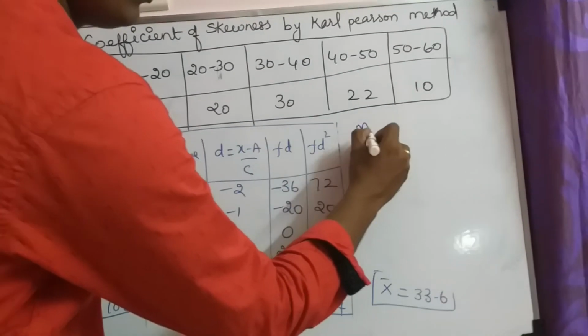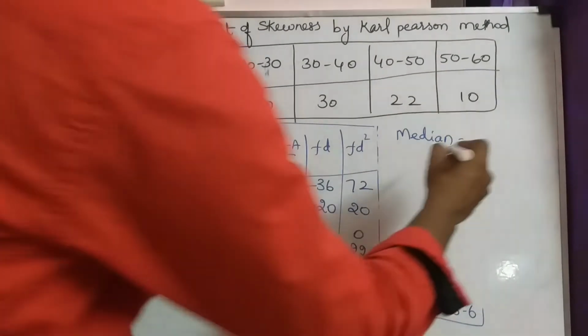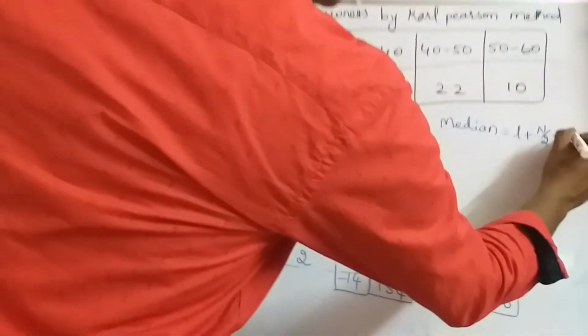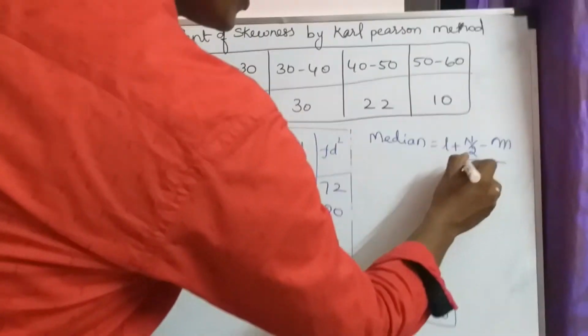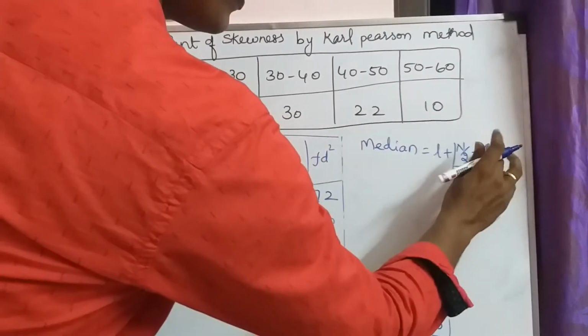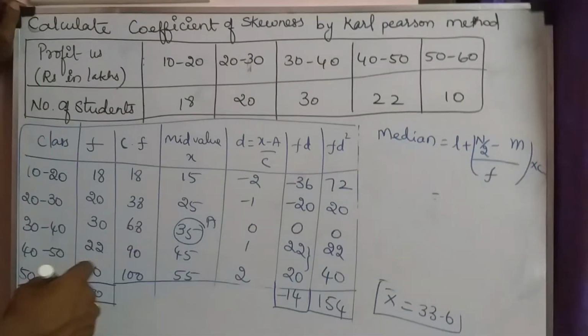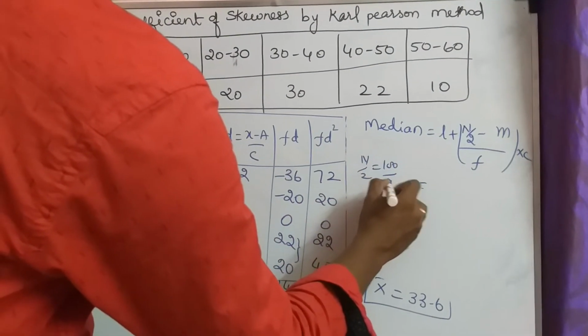Next, the median. Median equals L plus (n by 2 minus m) divided by f, into c. Here n is 100, so n by 2 is 50.